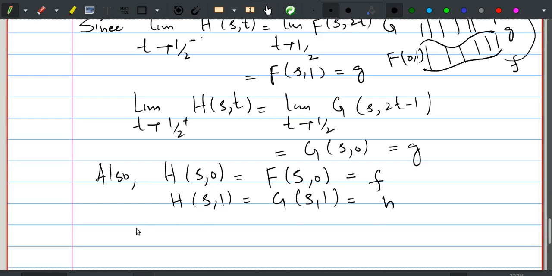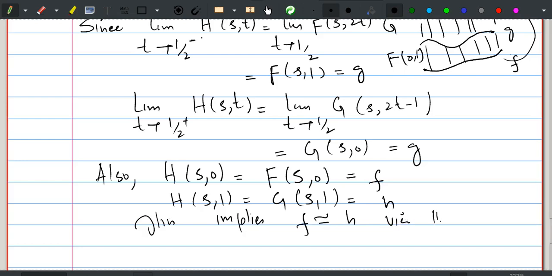This implies f is homotopic to h via the homotopy capital H.